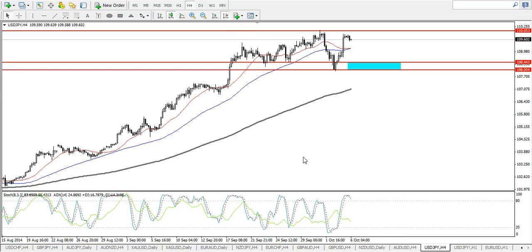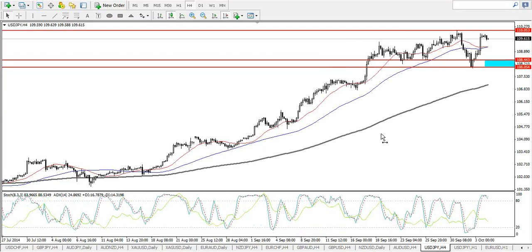Alright, another thing to take note of is that Japan itself might not be that inclined to weaken the yen any further, because a weaker yen right now, especially at a price of 110, has weighed pretty heavily on consumer spending, because import prices have become a little bit expensive.